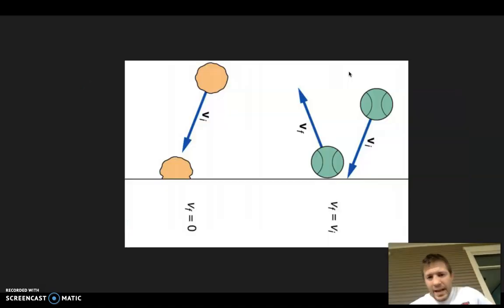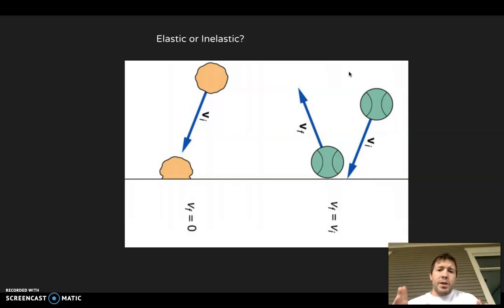So as we take a look at these two situations, do we think that this first one, the orange or kind of brown color, is elastic or inelastic? And we're assuming that what it's striking is maybe a wall or the ground. So what do you think? All right, so what we recognize is that this first object has velocity, and then it doesn't have any more right now.